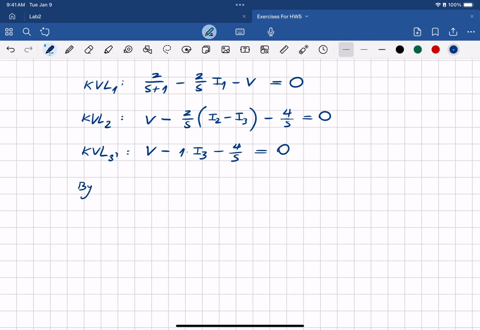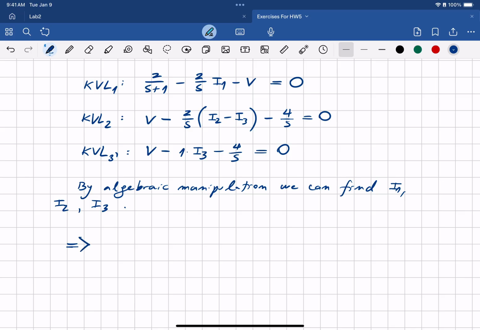Then by algebraic manipulation, we can find I1, I2, and I3, right? So I'm gonna leave this part to you.